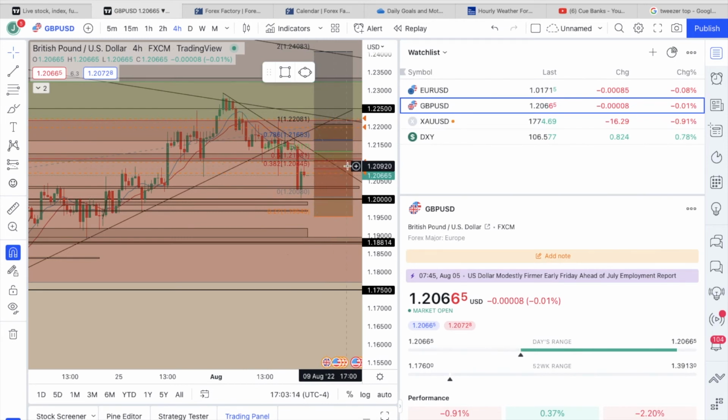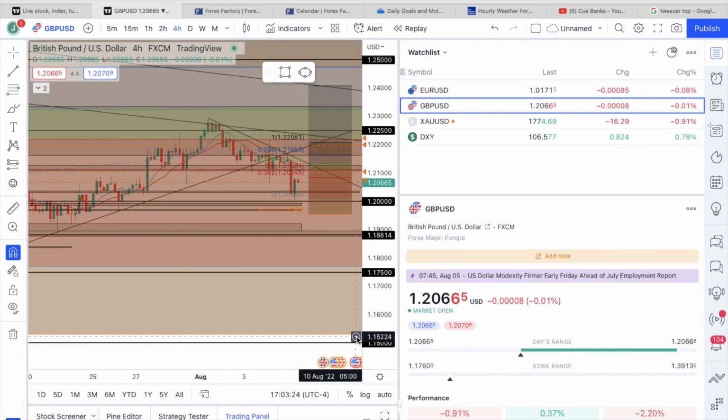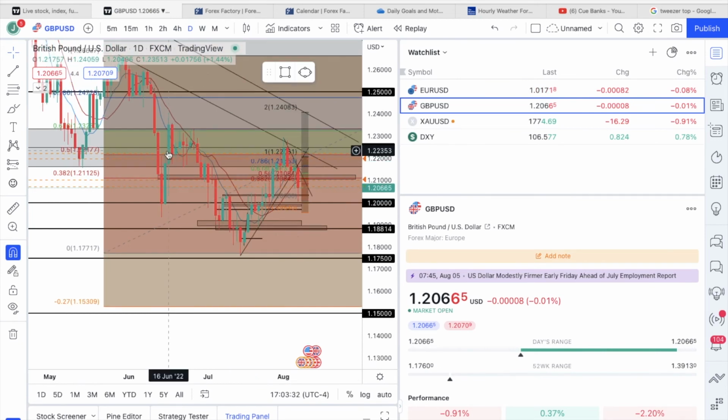Yeah, guys, we're bearish GU right now, and long term, because we do expect it to go down to 1.15 like I've been preaching. How do I know?